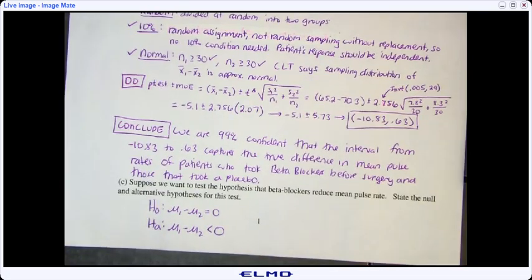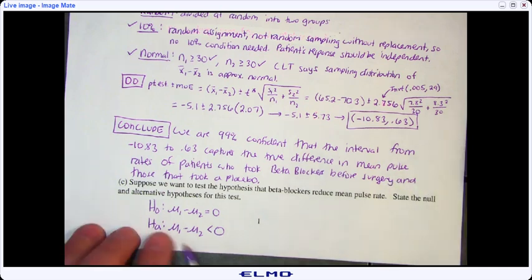Then part C says, suppose we want to test the hypothesis that beta blockers reduce the mean pulse rate. State the null and alternative hypotheses for this test. Well, the null is that there is no difference. That means when you subtract them, it equals 0. And the alternative is we're wondering if beta blockers reduce the mean pulse rate.